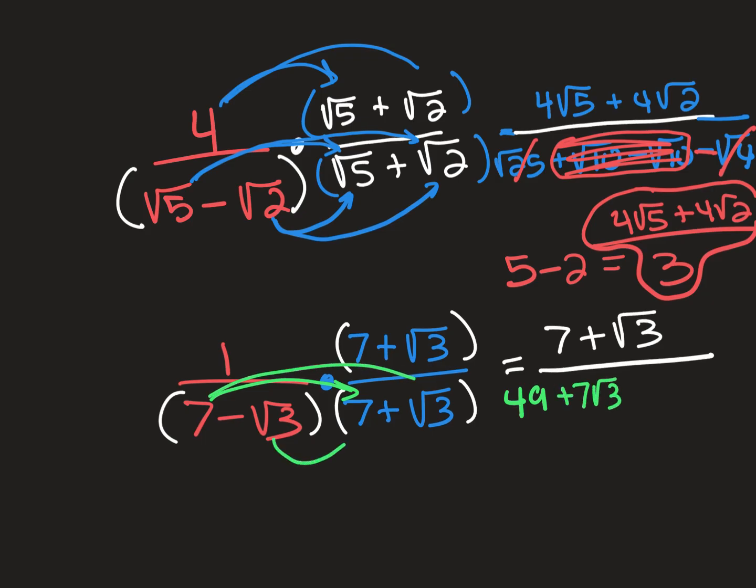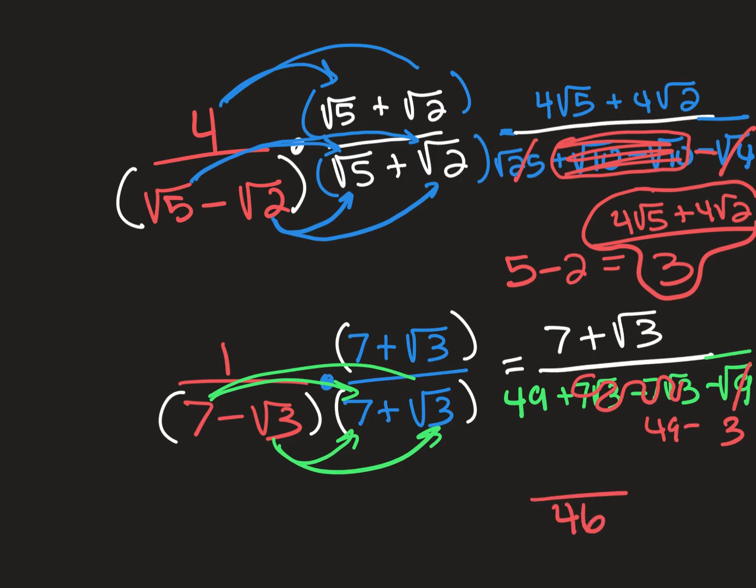Then we have negative square root of 3 times 7. And then negative square root of 3 times square root of 3. And then you just want to take your time and simplify what you can. These guys cancel. Square root of 9 is 3. So at the bottom I have 49 minus 3, which is 46. And then I'm just going to bring the top down.